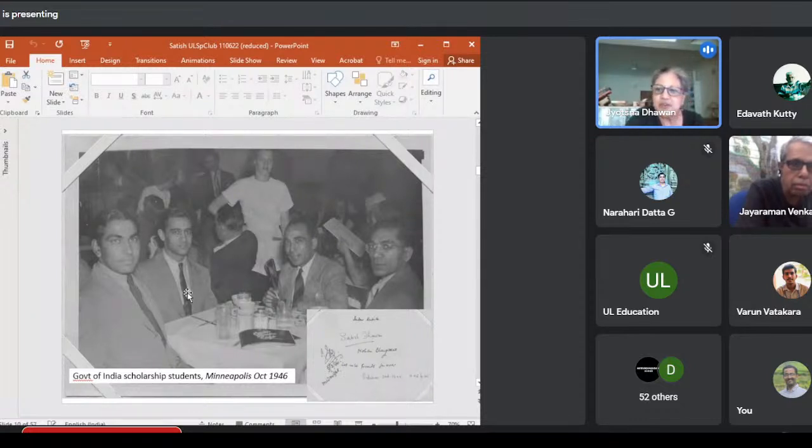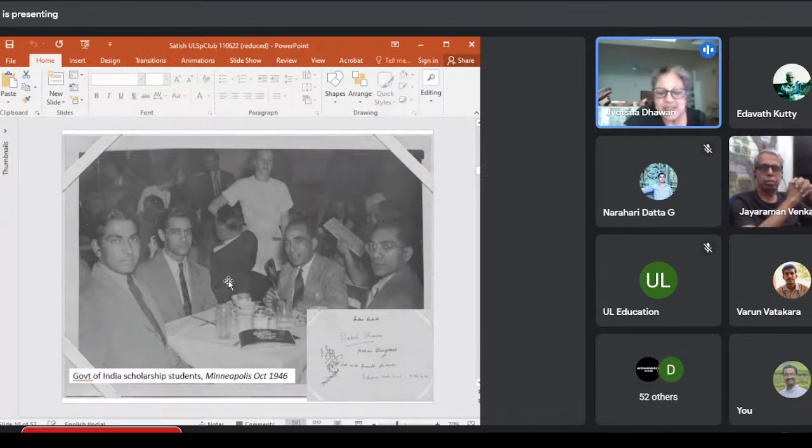And what you have to realize is that this was a group that was selected on the basis of a program which had been started even before independence for educating young Indians in the best centers for technical and scientific education because they realized that independence was going to come, not if, but when. And so the government had already decided to start developing science and technology, and this was back in 1946.